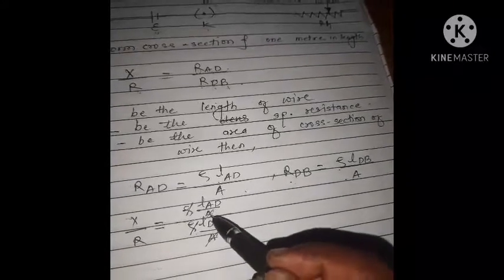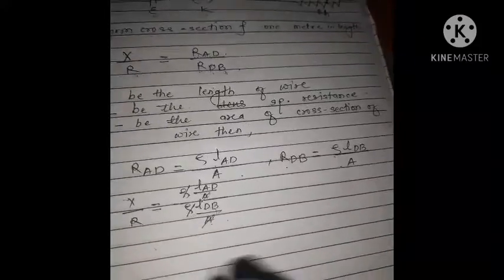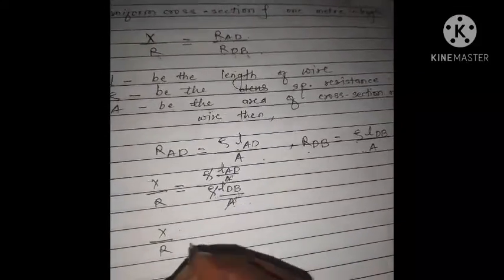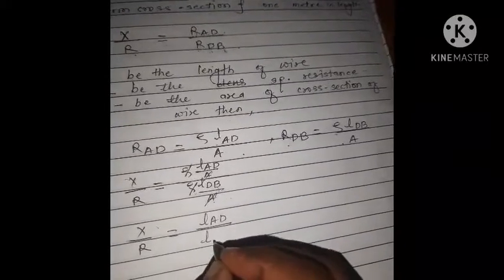So we have cancelled rho and A. So we get X by R is equal to LAD divided by LDB.